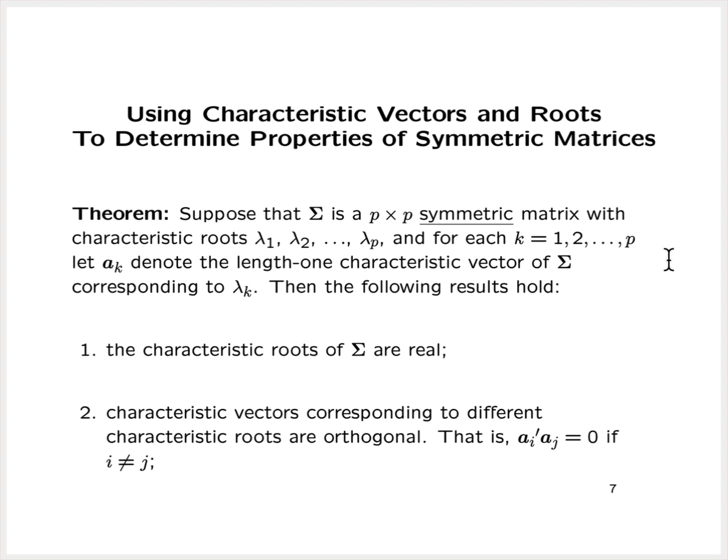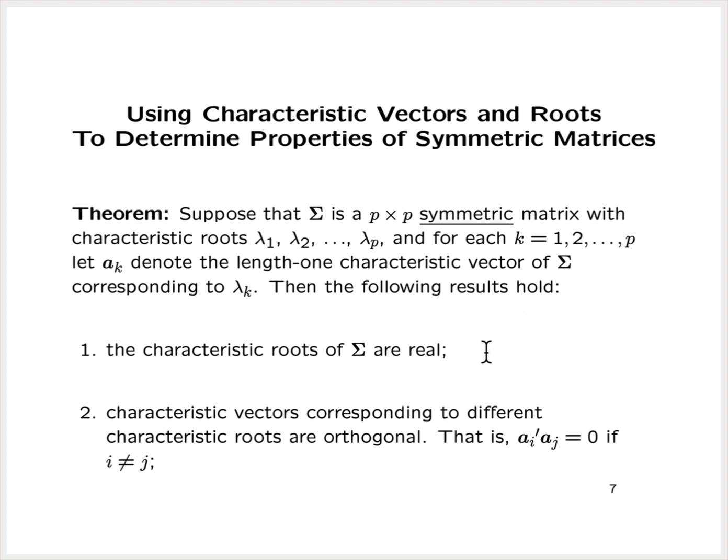Suppose that capital Sigma is a p by p symmetric matrix, and it has characteristic roots lambda 1, lambda 2, and so forth, up to lambda p. For each k going from 1 to p, let a sub k denote the length 1 characteristic vector of Sigma corresponding to the kth characteristic root. Then the following results hold.